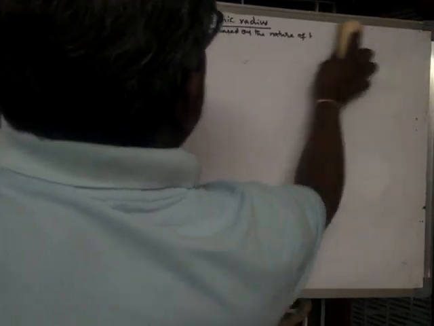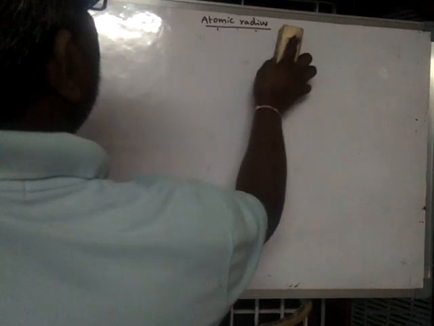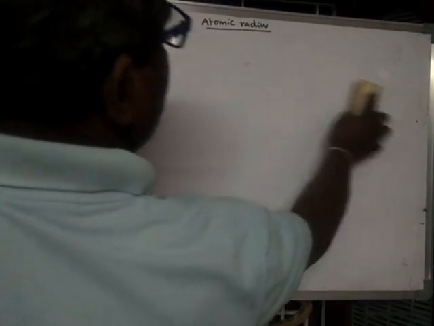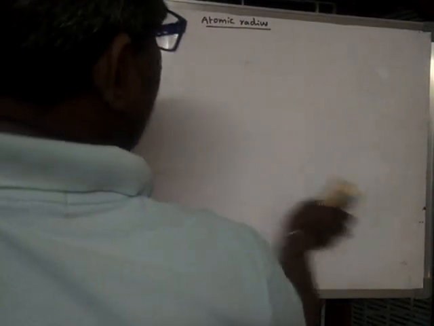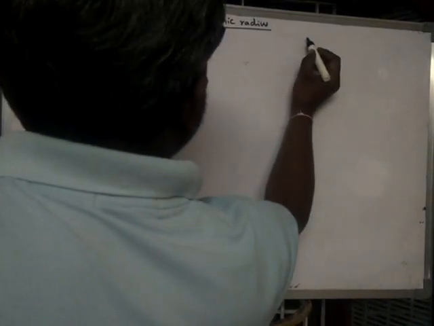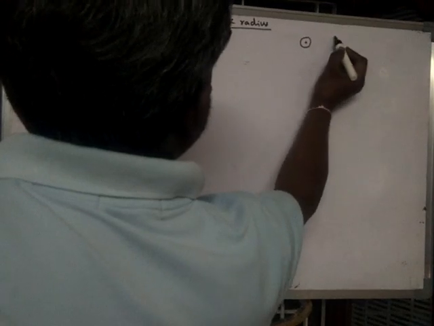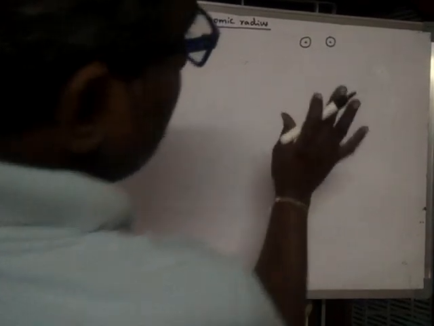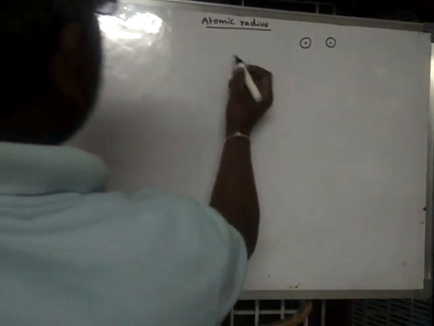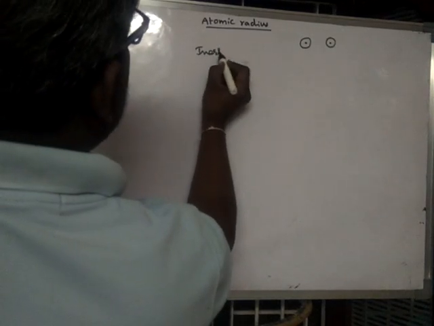Generally, van der Waals radius is calculated particularly for inert gases, because inert gases are monoatomic.